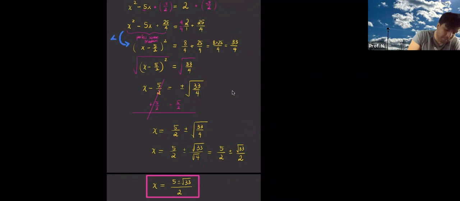That's the key step. If you can do this, then you can do any quadratic equation problem. If that step makes sense to you, having this kind of perfect square trinomial looking like this, and factoring into this square of a binomial, then really you're able to solve any quadratic equation.